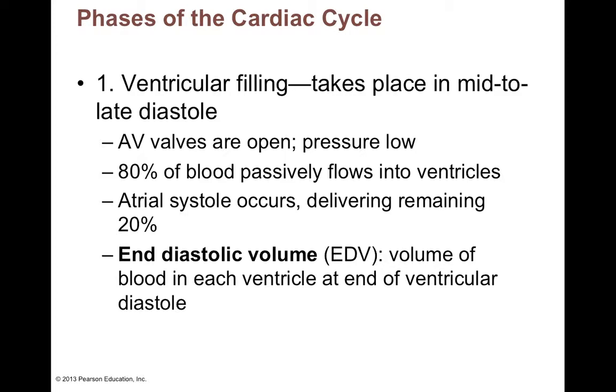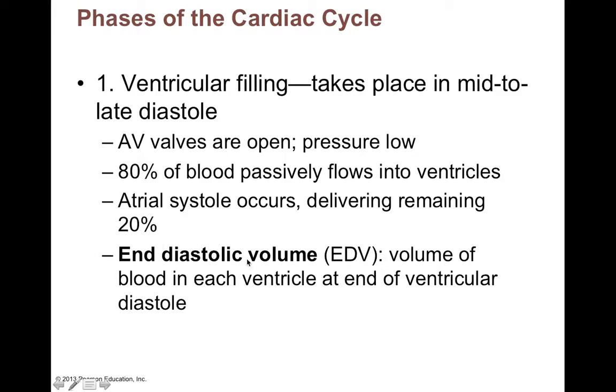The blood just falls down into the ventricles and isn't actually pumped in for that 80%. The remaining 20% is forced into the ventricles through atrial contraction. So we have atrial systole, which forces that blood down into the ventricles, okay?